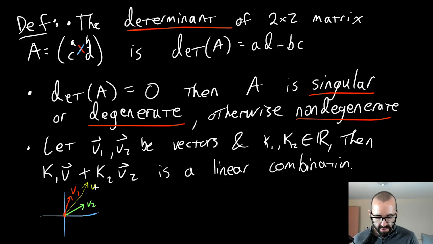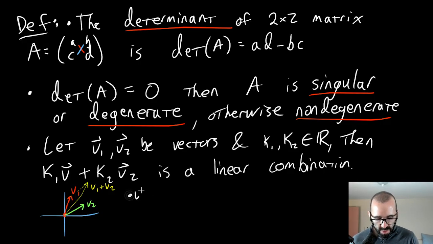This yellow vector is v1 plus v2. But really, I could do double the first and the second, and that would also work, right? Any multiple of v1 and v2, and we add them together, that's going to be a linear combination. And that's going to be really useful, specifically when talking about linear independence.